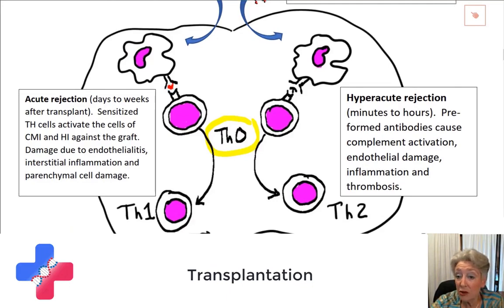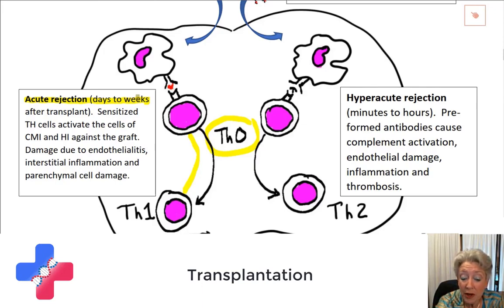Now, in most cases, when we're talking about cellular peptides reflecting a foreign cell, then it's going to be the pathway of the T helper 1 that is stimulated first. And so when I see what we call acute rejection, this normally takes days to weeks, just as it would take for a primary cell-mediated immune response.